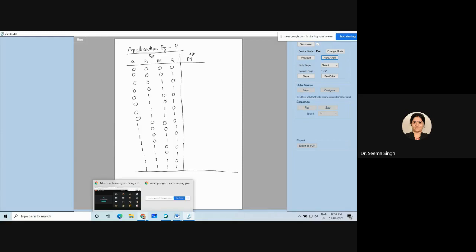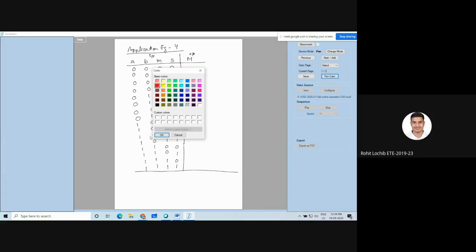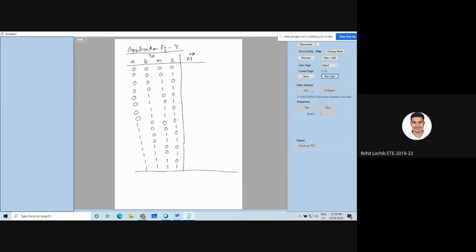Yes, how many rows have I made? Ma'am, 16 conditions will be there because 2 raised to power 4 is 16 and there are 4 variables. Yes, so I have taken care to write all these 16, and 16 ranges from what to what?